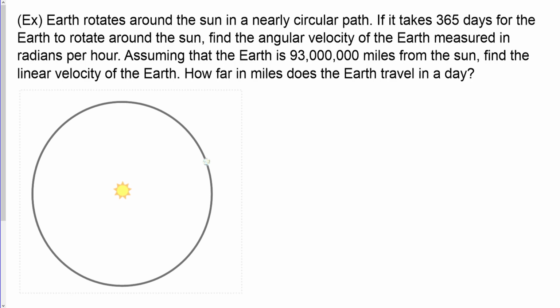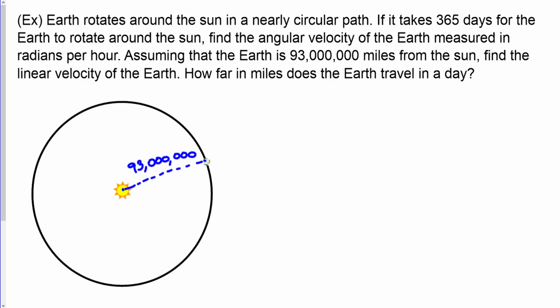All right, so here we have a diagram of the sun and the Earth rotating around the sun. Obviously, not anywhere near to scale. But the distance between the sun and the Earth, we are assuming to be about 93 million miles. And the amount of time it takes to rotate around the sun is 365 days.